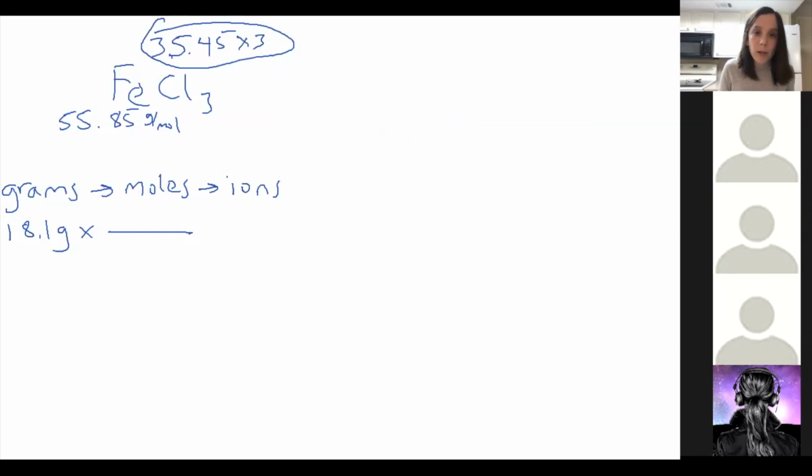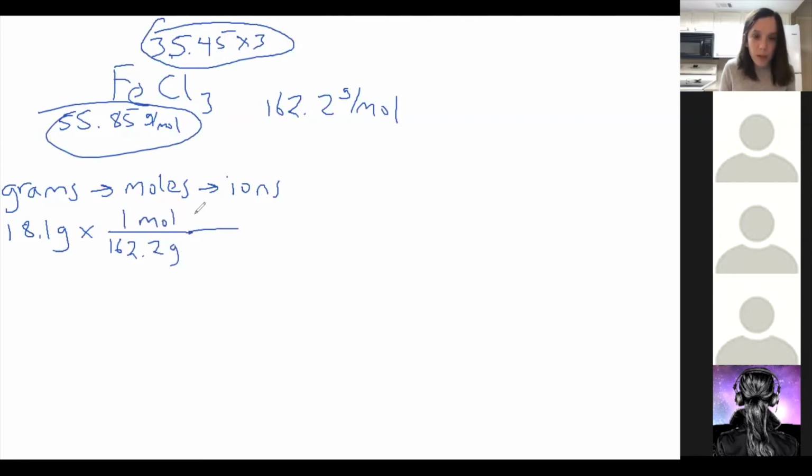And what we'd find is that FeCl3's molar mass would equal 162.2 grams per mole after we add 55.85 to 35.45 times 3. So that's what we're going to put down here. So our conversion is 162.2 grams for every 1 mole of FeCl3.